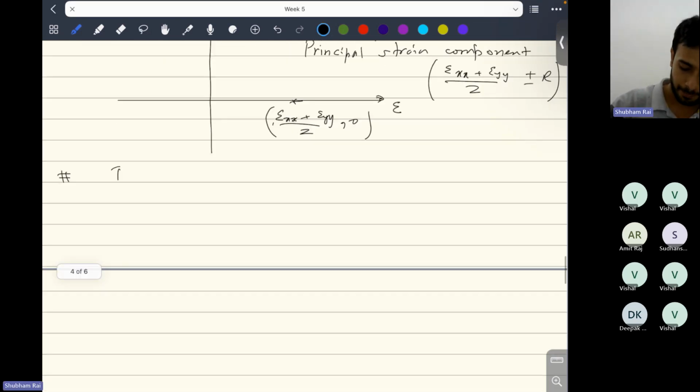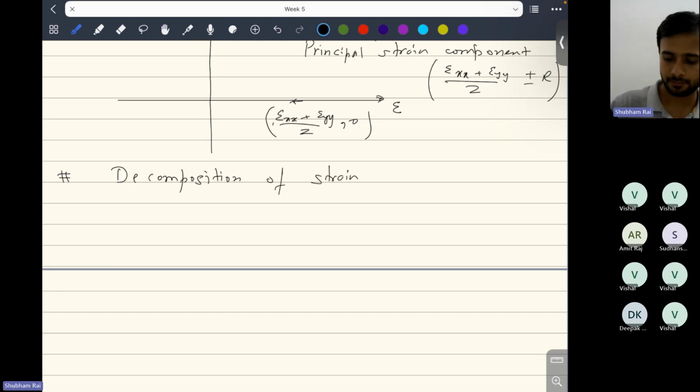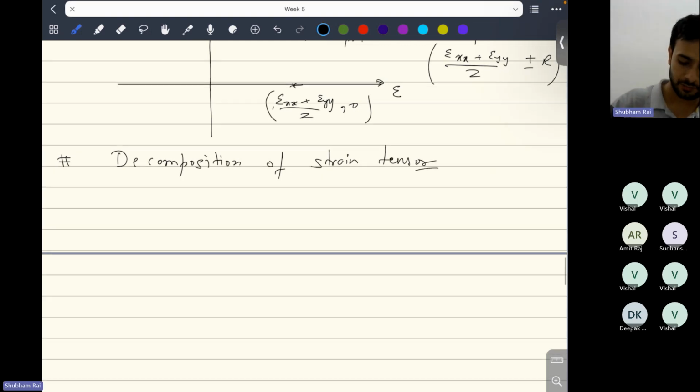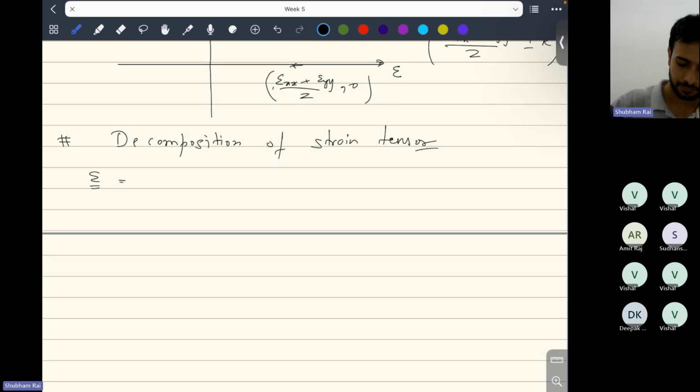So the decomposition of strain tensor is given by 1 by 3 of J1, the first invariant of the strain tensor.